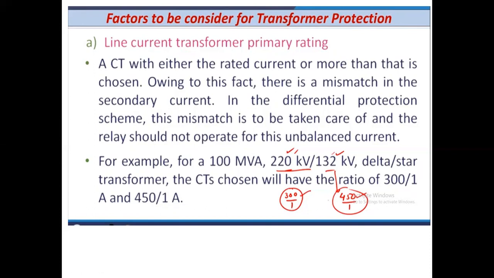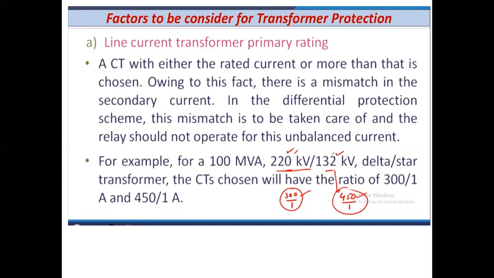However, the secondary rating is always the same, which is 1 or 5 ampere. If the primary current is above 1000 ampere, then the secondary rating is 5 ampere. If the primary current is less than 1000 ampere, then it is always 1 ampere. So if the primary ratio is, let us say, 1000 by 1 ampere, then you always go for a CT secondary of 1 ampere.